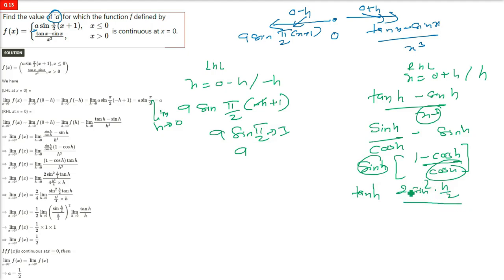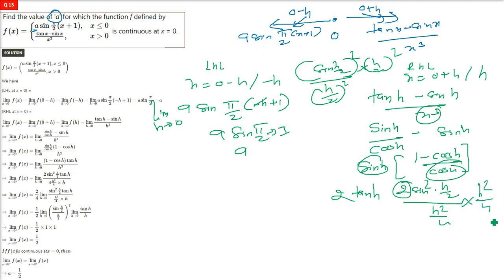So what we'll do here is, this 2 I am taking outside. Sin square h by 2 is simply sin h by 2 square. So sin h by 2 whole square. So we need to have h by 2 whole square in the denominator. And we have to have h by 2 in the numerator. That's what we are going to do here. So h square by 4 and h square by 4 here. So 2 we have taken outside.